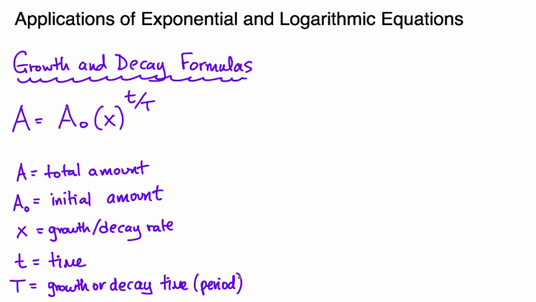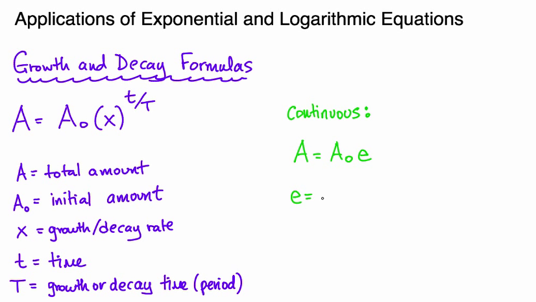But there are some situations, really like bacteria or compound interest in banks, where the item is growing or decaying continuously. And for that, we use a bit of a different equation. We use a formula. It still has many of the same elements. So A is still the total amount and A0 is still the initial amount. But now we use a new base, and that base is called E.